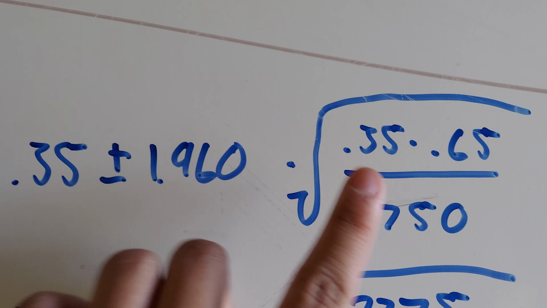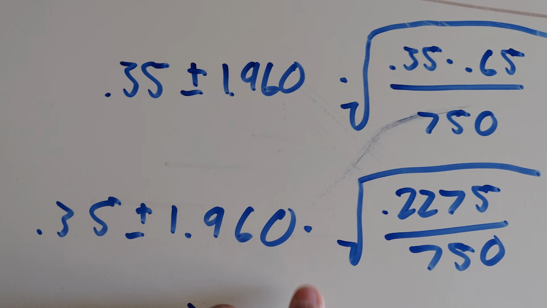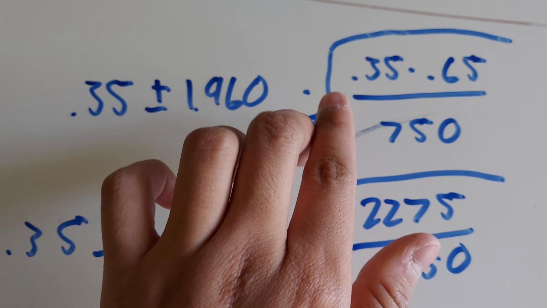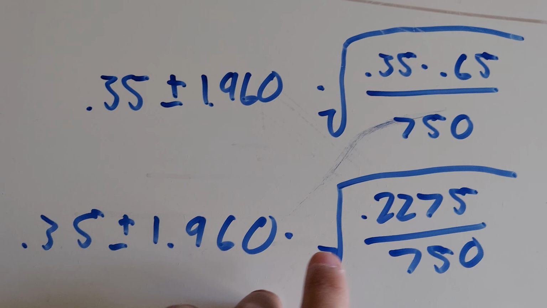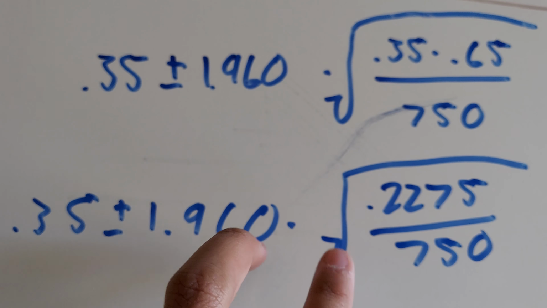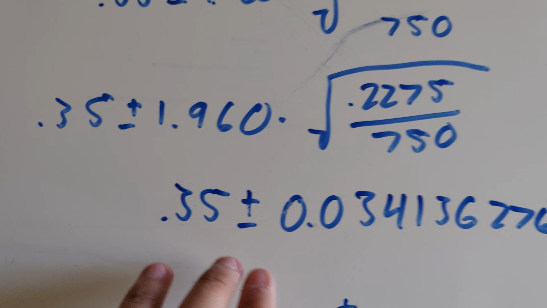Now, with just this part done, it's going to look like this: 0.35 plus minus 1.960 times the square root of 0.2275, which is the multiplication of these two numbers, divided by 750. Now, the next step I'm going to show you is when I multiply 1.960 by this whole number.